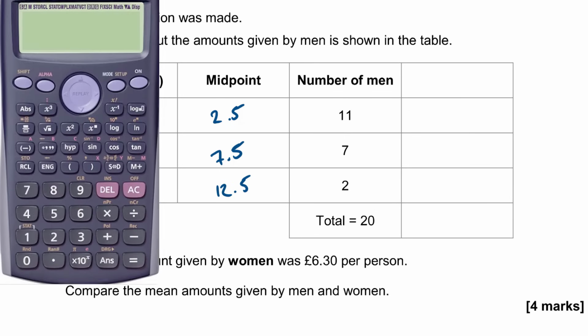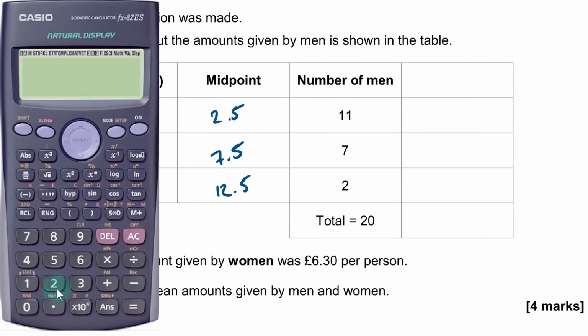So then we need to multiply those by the frequency and then add them up. So 2.5 times 11 is 27.5. 7.5 times 7, 52.5. And 12.5 times 2 is 25.